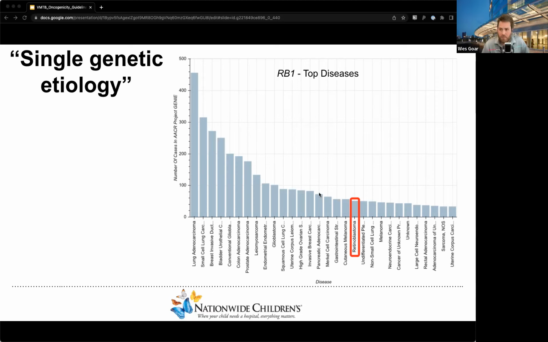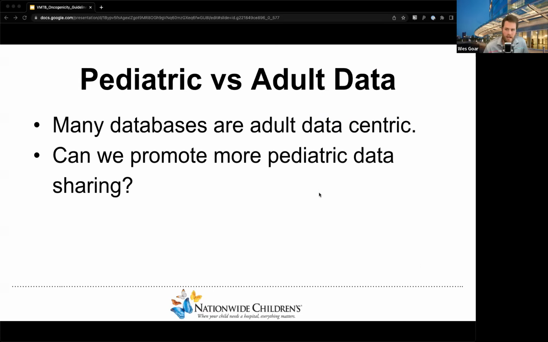And because of the mirroring of these guidelines to ACMG, I think we all understand that this code works a lot better for rare inherited disease than maybe for cancer. And then pediatric versus adult data. I think all of us who work on pediatric data know that most knowledge bases are very heavily adult-centric data.